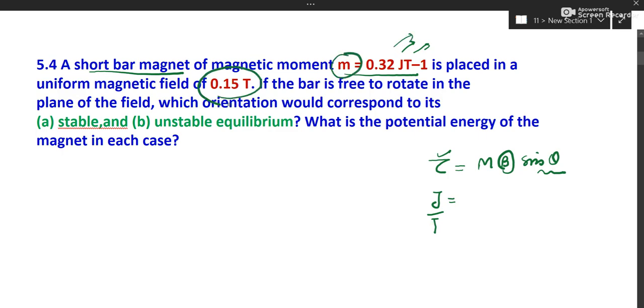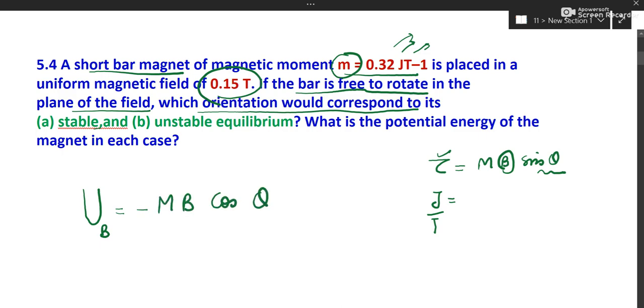Magnetic field is given. And they are saying if the bar is free to rotate in the plane of the field, which orientation corresponds to stable equilibrium. So you know it already. The magnetic potential energy is equal to minus mB cos theta.